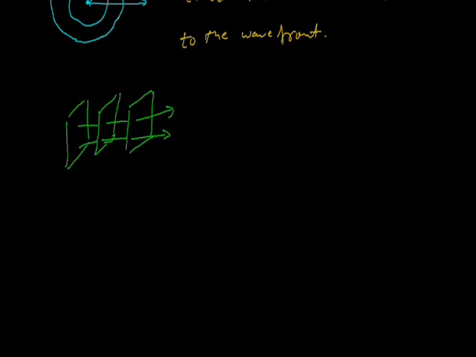We can draw the diagram as follows. Let's say this is a wavefront. The source is down here, which is point O. We have one wavefront, then a second wavefront, then a third wavefront.